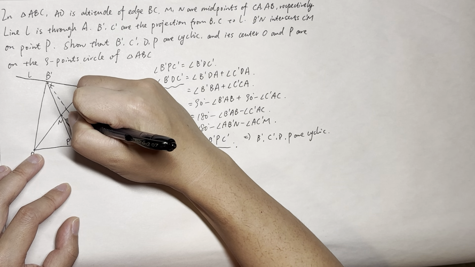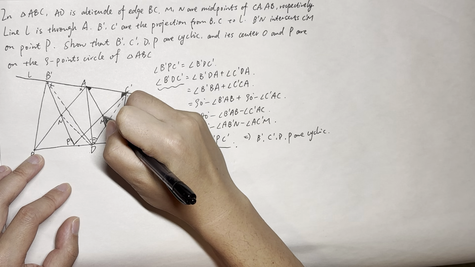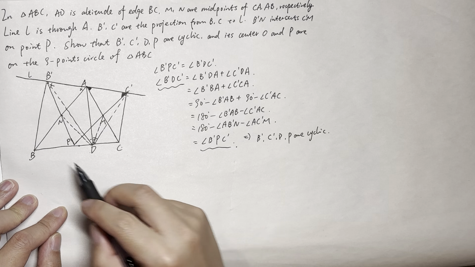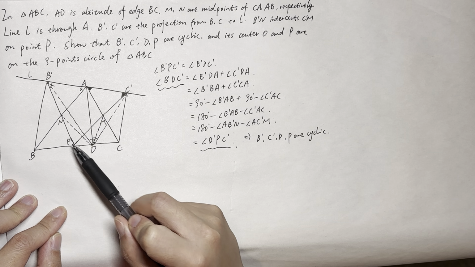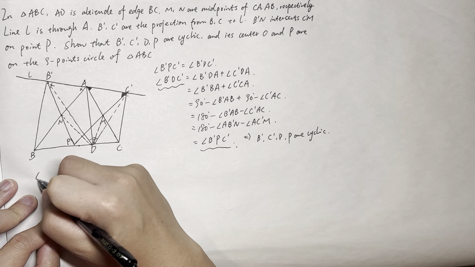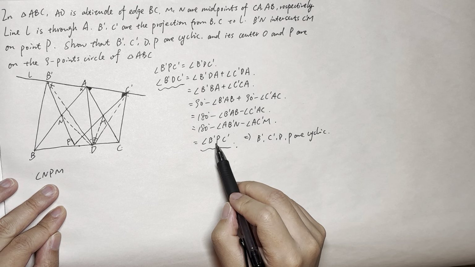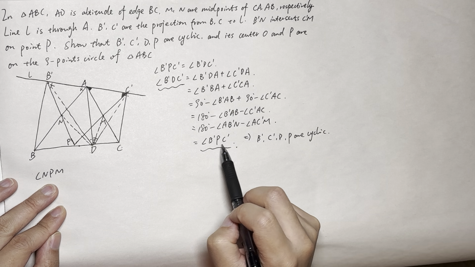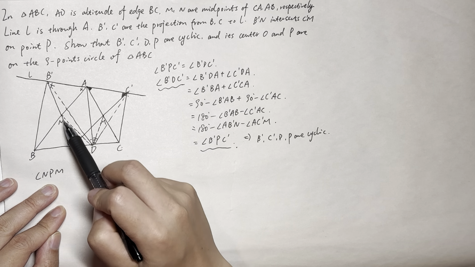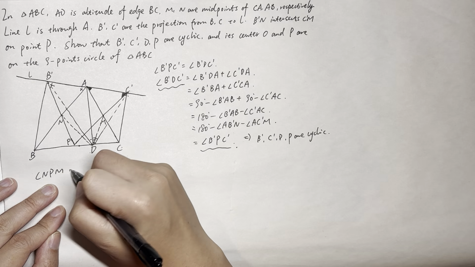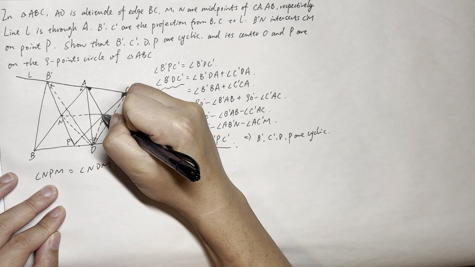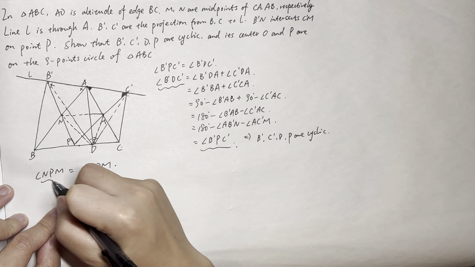So we connect ND and MD. If we want to prove that N, M, D, P are cyclic, we just need to prove angle NPM, which is actually angle B prime PC prime, equals angle NDM. We connect NM.